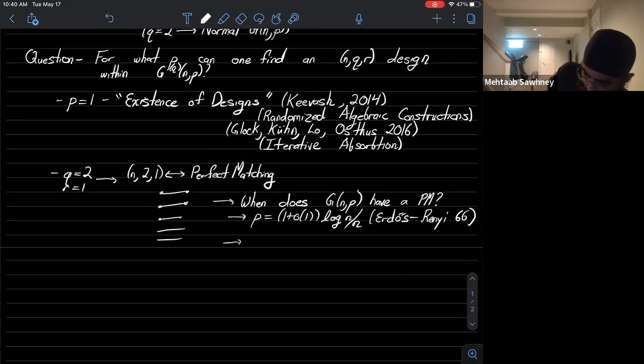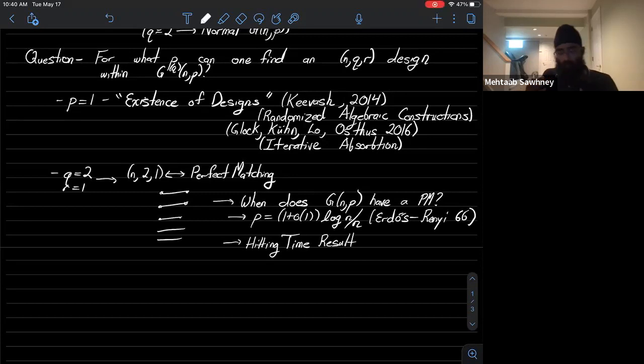This was later improved to a hitting time result. Although we won't be discussing results of this precision, it's a beautiful theorem, so I'll state it more precisely. There's an obvious obstruction to having a perfect matching, which is that you need every vertex to have some edge coming off of it.